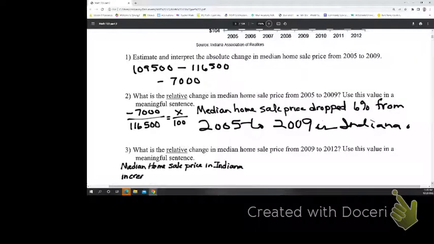Increased. By what percent? 7.76. So it's 7.8%.